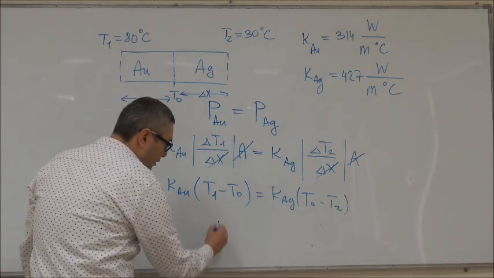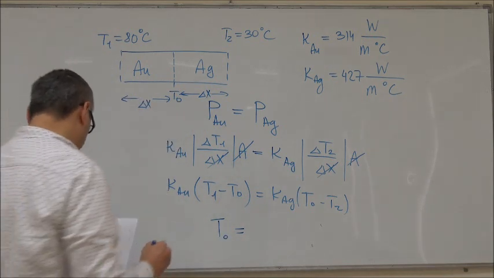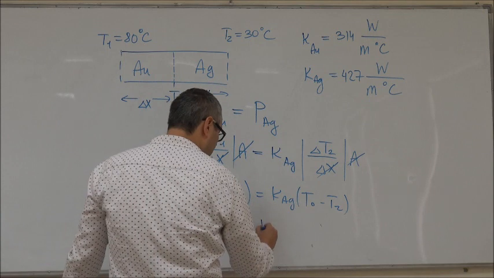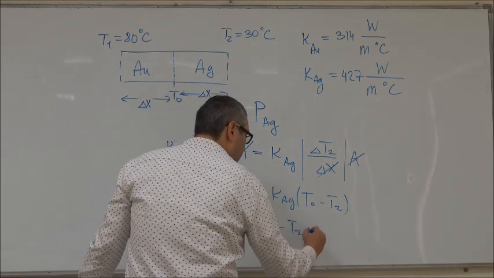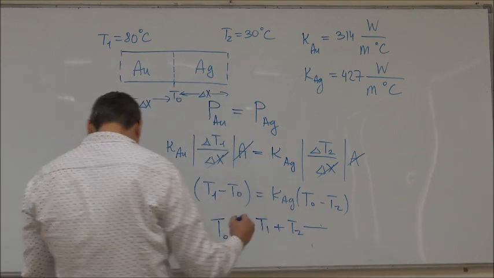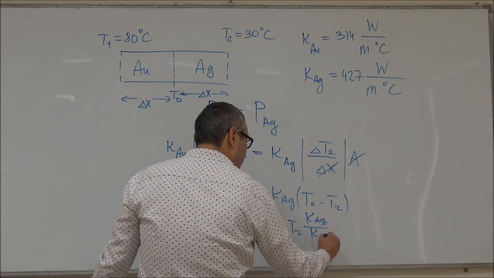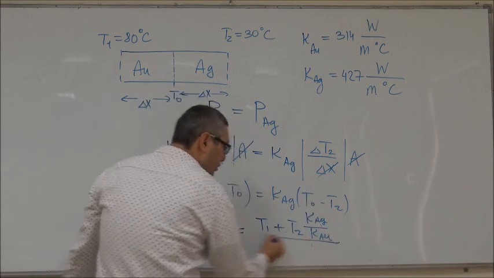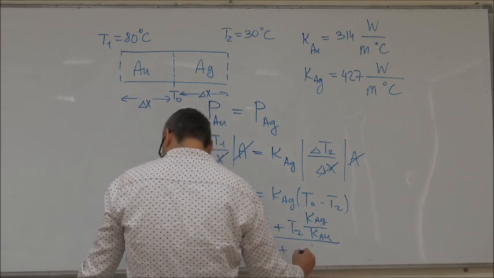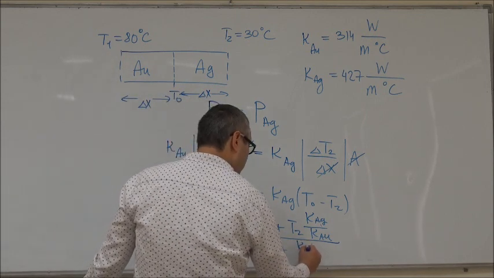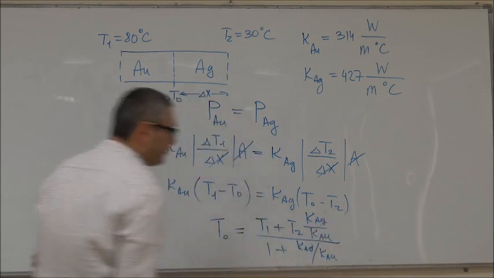So if you do the algebra here, the value for T0 you get is T1 plus T2 times the ratio of K silver to K gold, divided by 1 plus the same ratio, silver to gold.